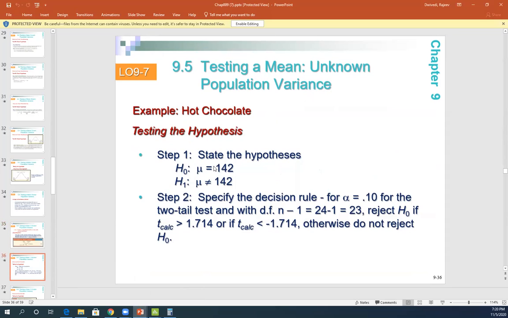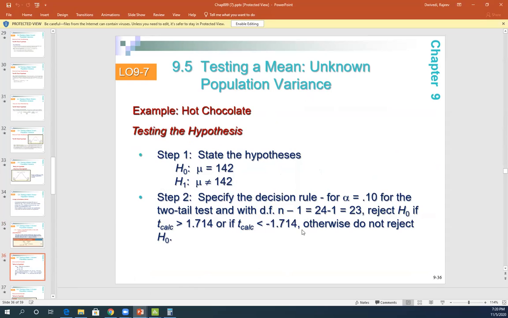So this is another example, mu equal to 142, not equal to 142, 10%, degrees of freedom 24. You can see we find the t values using the probability distribution graph.